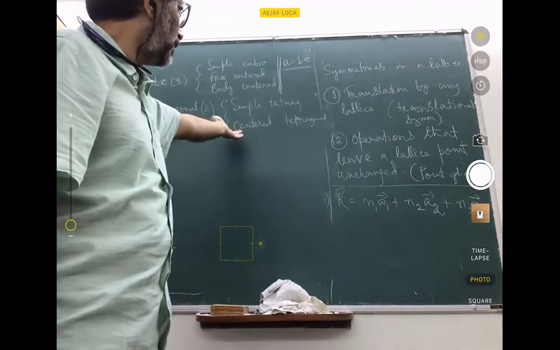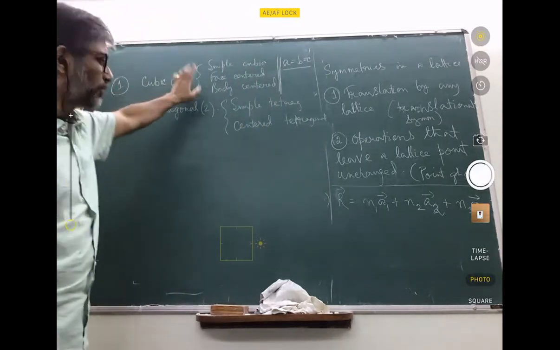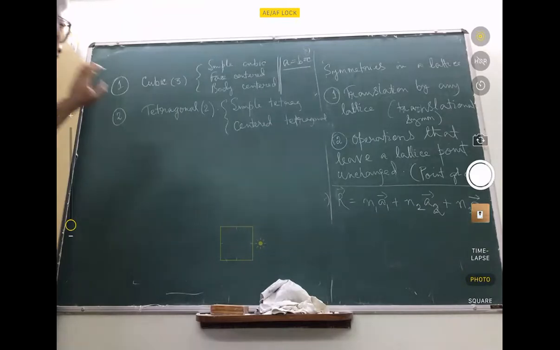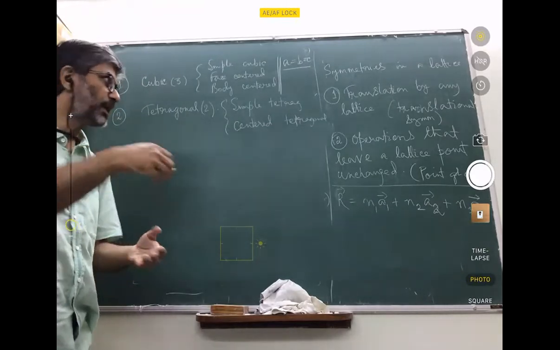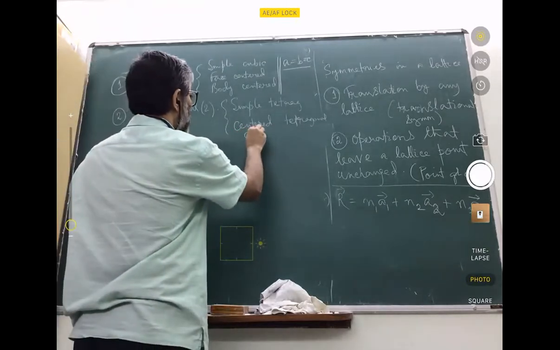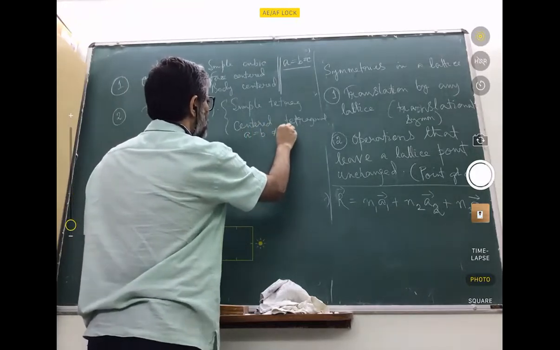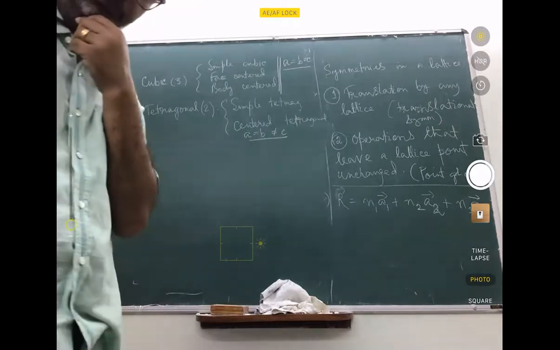Both of these would fall in the same category of centered tetragonal, but I'll not get into such details. So just remember that if you stretch a cube along one of the directions so that A is equal to B, but these are not equal to C, then you get a tetragonal lattice.